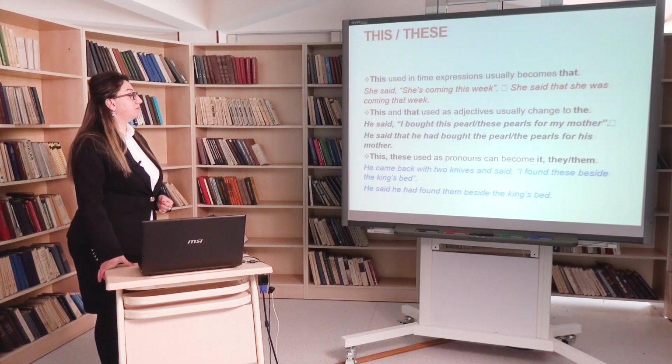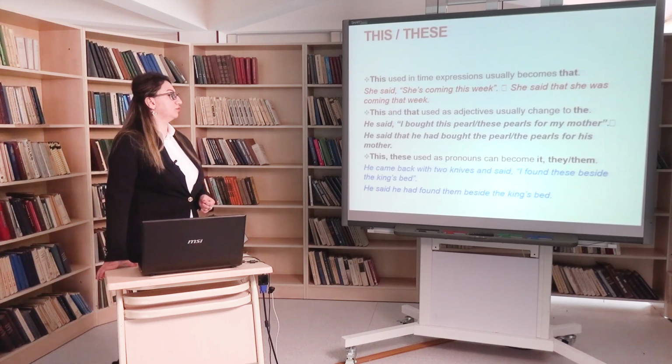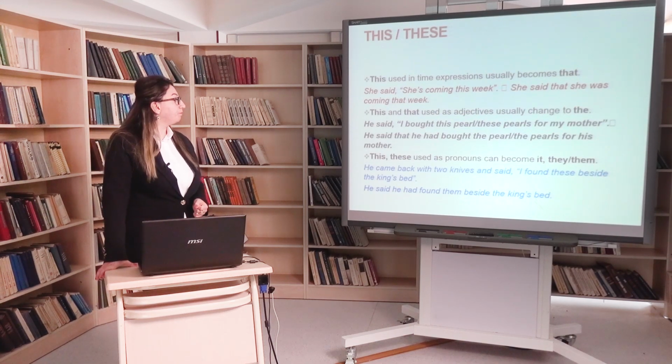The last one is about this and these used as pronouns, which can become it, they, and them. For example, he came back with 2 knives and said, I found these beside the king's bed. He said he had found them beside the king's bed.